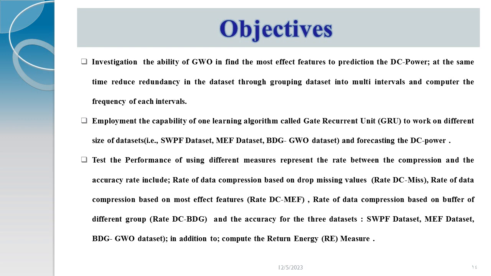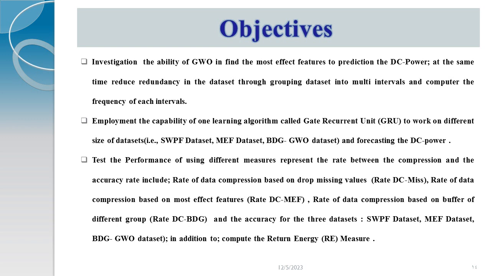Objectives: investigate the ability of the Grey Wolf optimization algorithm to find the most effective features to predict the DC power. At the same time, reduce redundancy in the dataset by grouping the dataset into multiple intervals and computing the frequency of each interval.